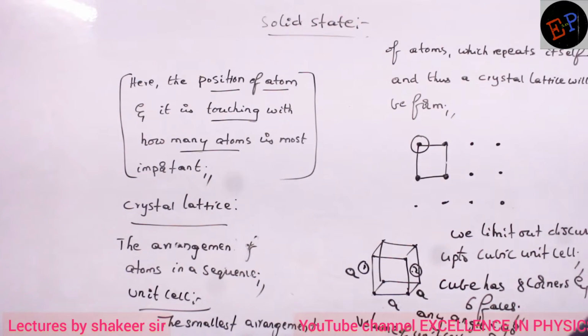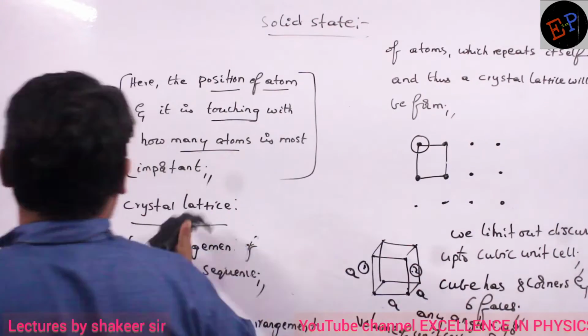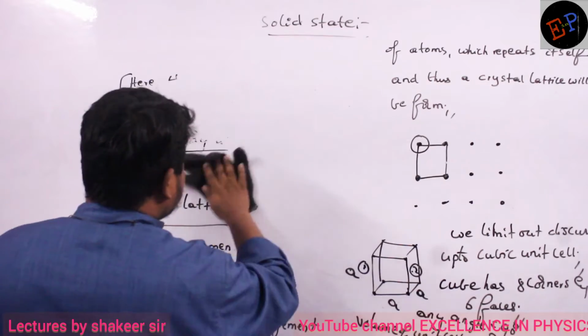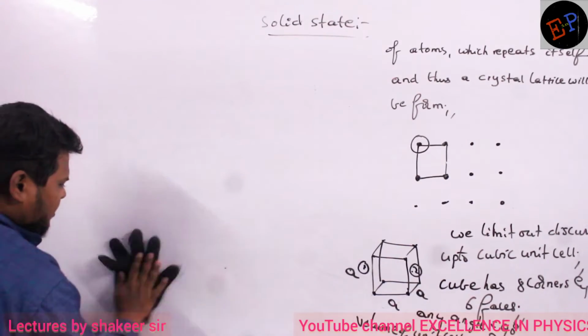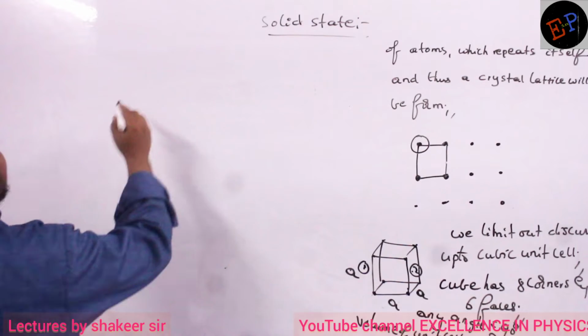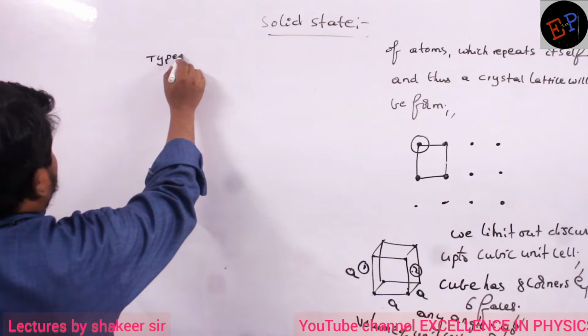Now we will study types of unit cells. How many types of unit cells are possible? And we will study each of them in detail. So types of unit cell.